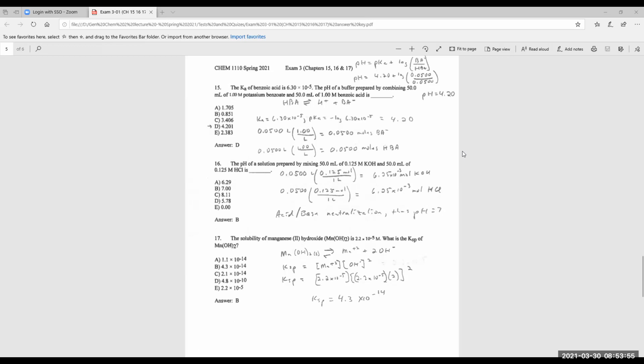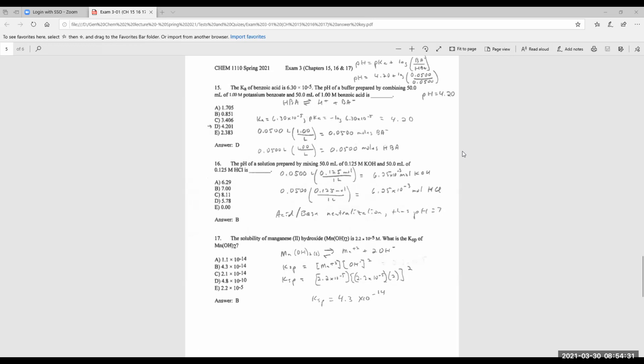So once again, you would take your milliliters and convert that to liters, and then multiply it by the molarity for each of these. So in this case, they both come out to 6.25 times 10 to the minus 3 moles of the acid, and the same for the base. So this is a neutralization reaction. If you have the same moles of acid, same moles of base, it's a strong base, strong acid. So you neutralize the solution and the pH is 7.